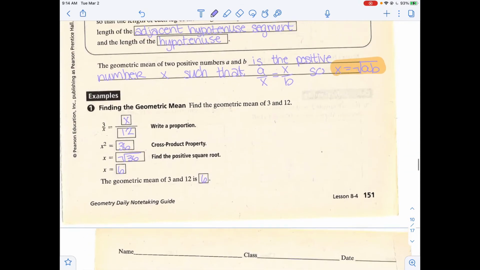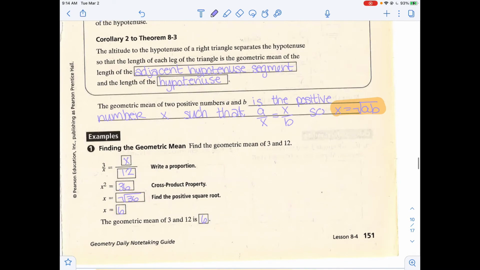So we're going to use corollary 2 from here. So x plus 192, so we get this whole hypotenuse segment, over 240. Okay, so we're using hypotenuse over adjacent side.